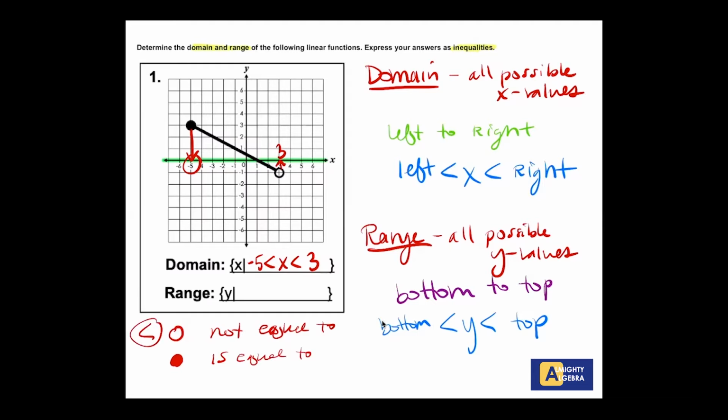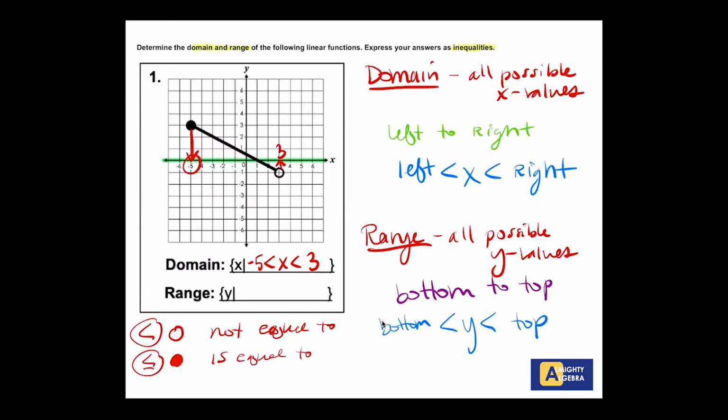But when you have a symbol like this that is shaded, your inequality symbol is going to look like this. The difference between these two inequality symbols, this one is just less than, but this one is less than or equal to. When the endpoint is shaded in, it means it can be equal to that number.